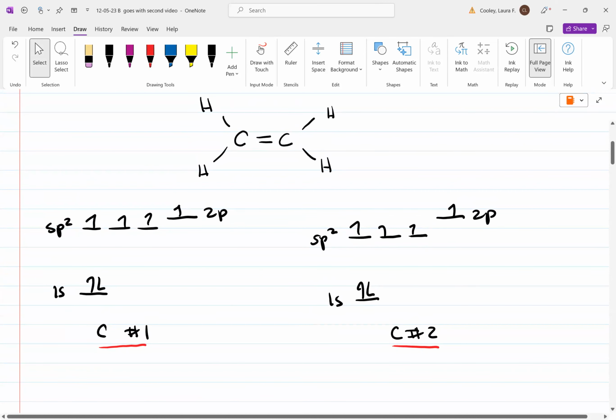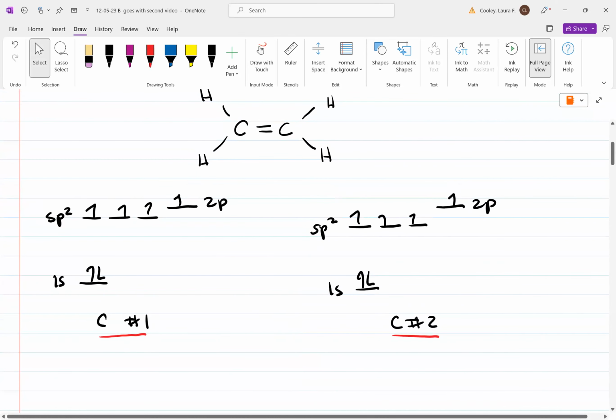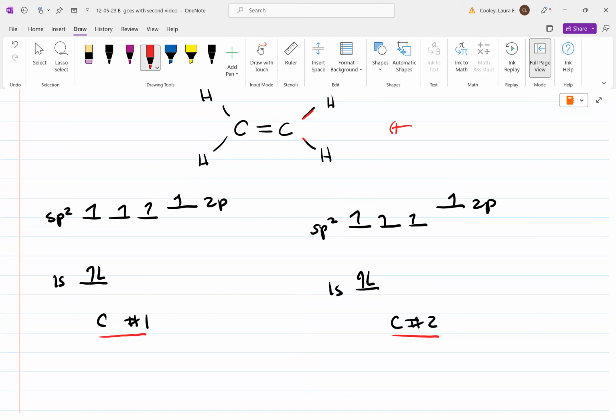When you look at this structure, you see that each carbon has 2 different bonds to hydrogen, since there are 2 hydrogens on each carbon.